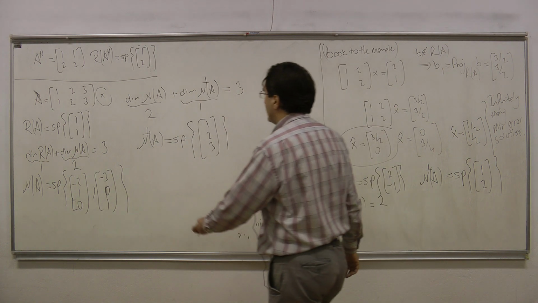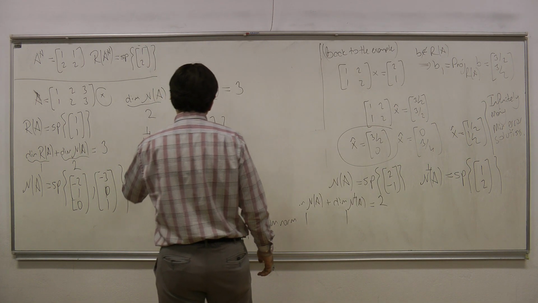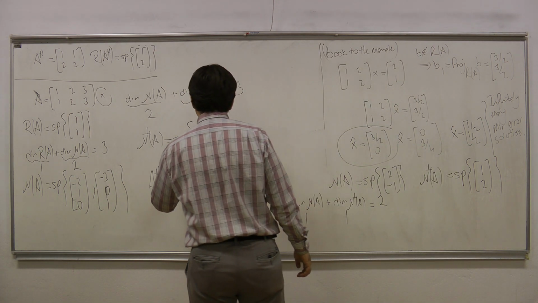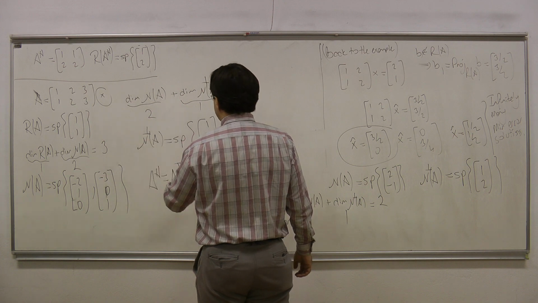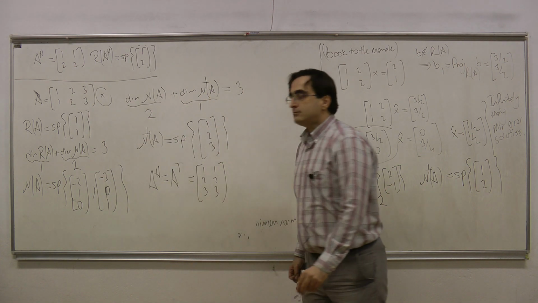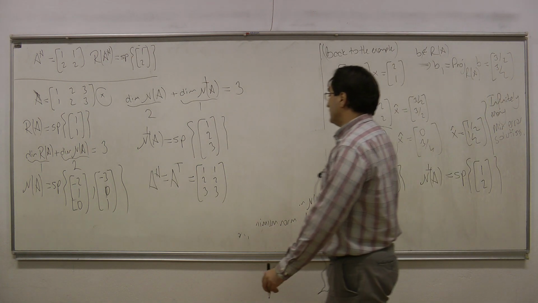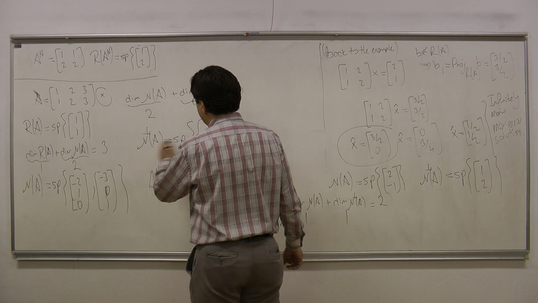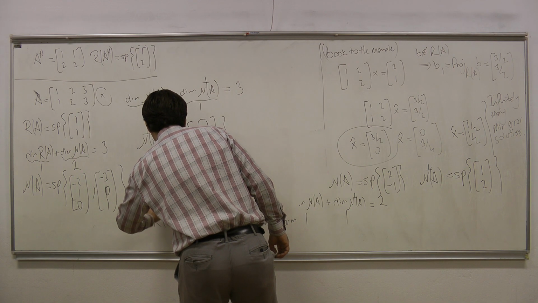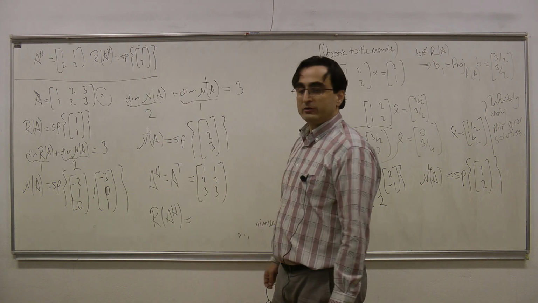Now let us look at A Hermitian or A transpose. In this case, since the matrix is real, A Hermitian is equal to A transpose, and it is the transpose of that matrix, (1, 2, 3), (1, 2, 3). Now let us look at the range space of A Hermitian. The range space of A Hermitian is the column space of A Hermitian.